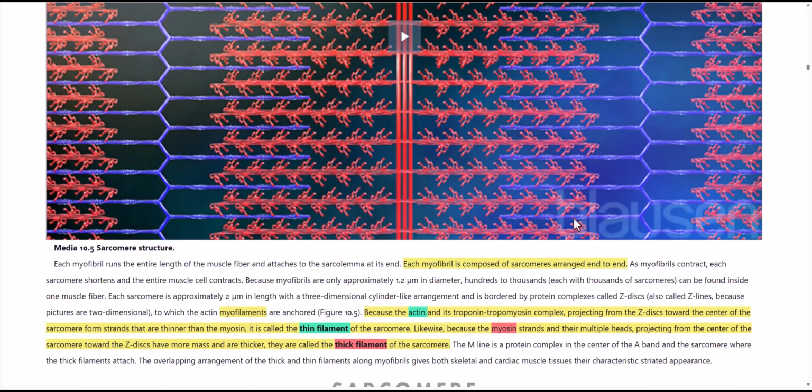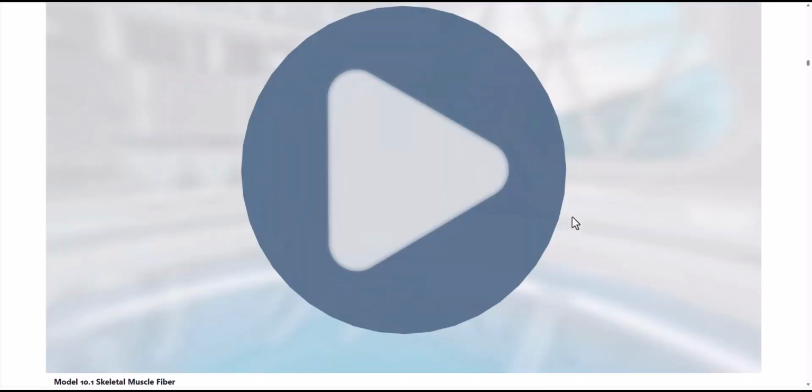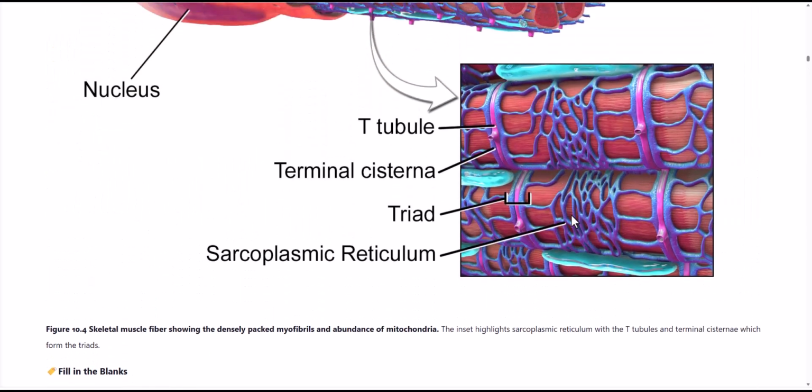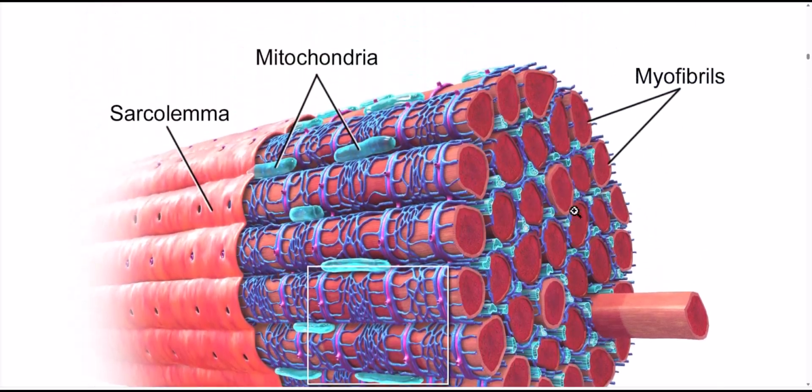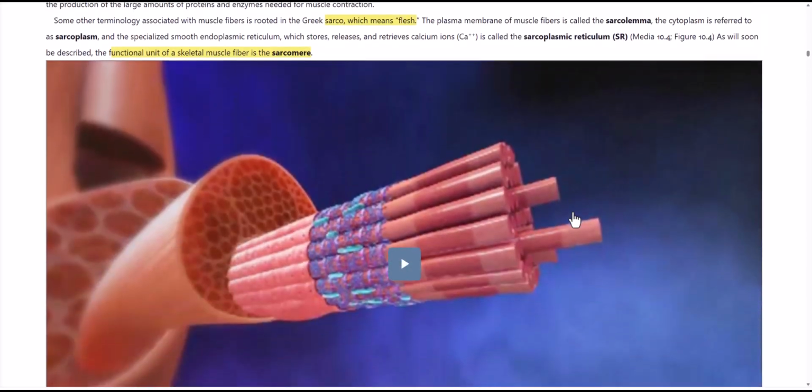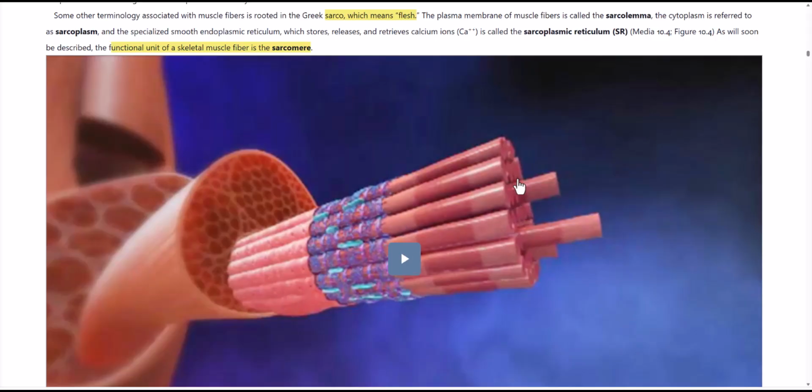So when you look at a myofibril, let's just scroll back up. Here we see that inside the muscle cell, there are these myofibrils, and we see the alternating light and dark pattern.